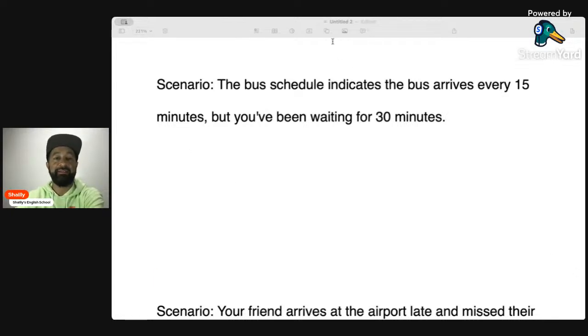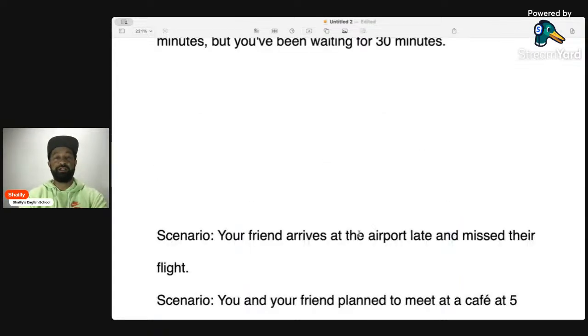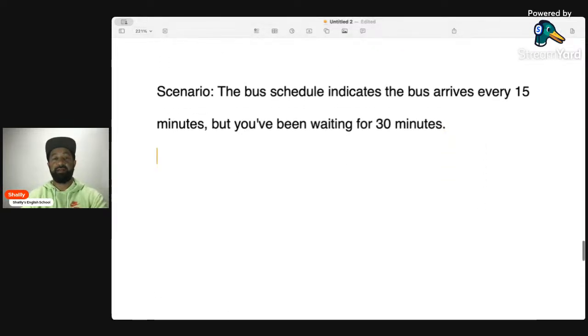So again, in this situation, the bus schedule says the bus will come every 15 minutes, but you've been waiting 30 minutes. So you're still waiting. I'm going to make a simple present tense sentence.